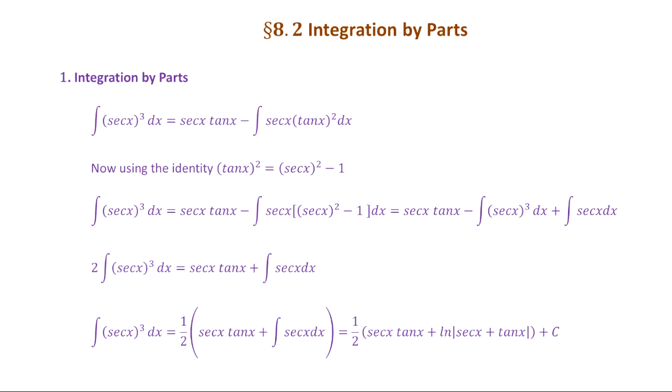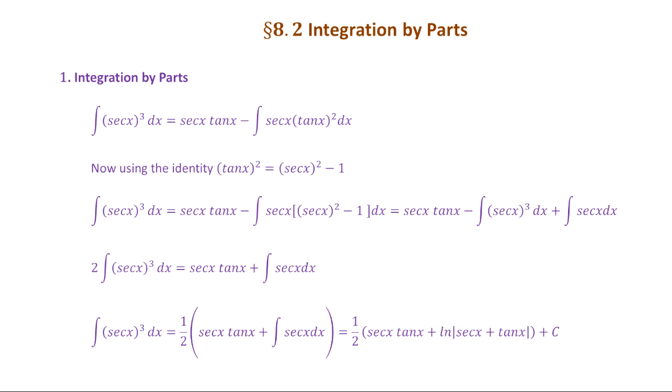Distribute the secant x in the integral. We got two terms, so it becomes secant x tangent x minus the integral of secant x cubed plus the integral of secant x.